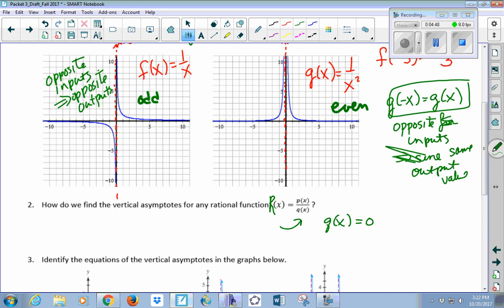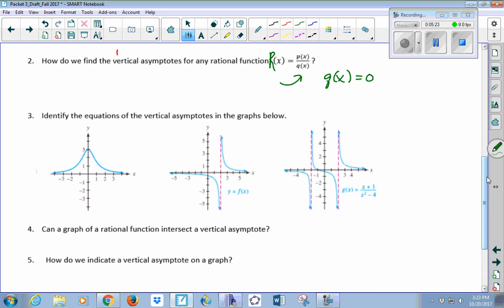So the values of x that make the denominator 0 may lead to vertical asymptotes. And I'm saying may because sometimes one of those values produces something else called a hole in the graph, but we'll save that for a little bit later in the demo. But there's always a possibility when you factor your denominator and find the values of x that make the denominator 0, that there's a vertical asymptote at that point.